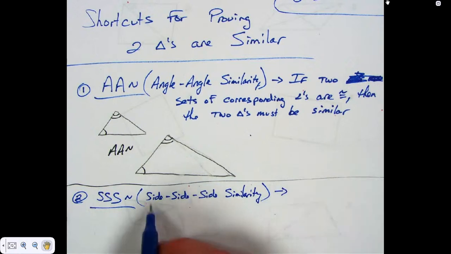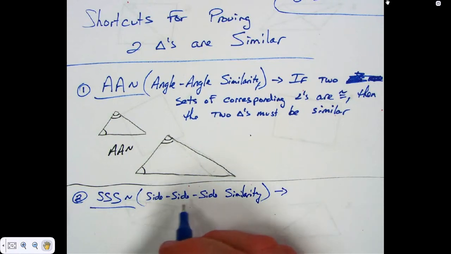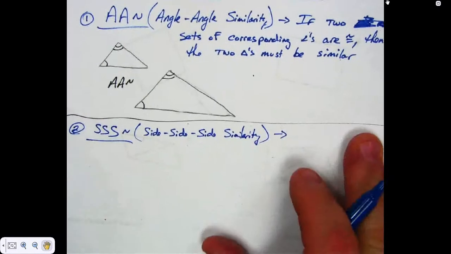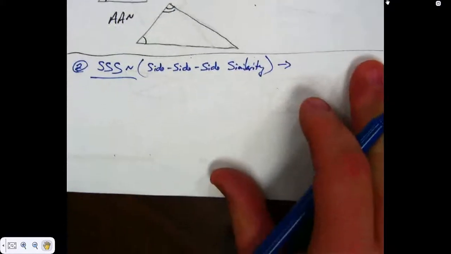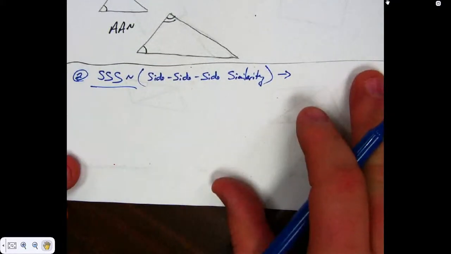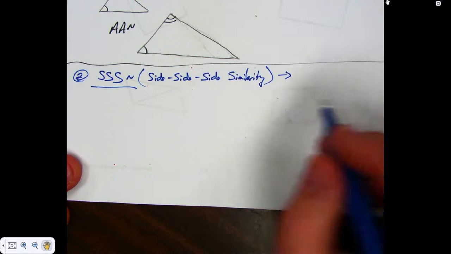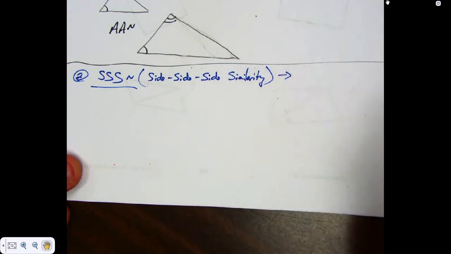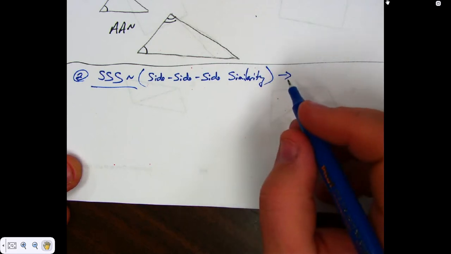Now, the thing about it is, remember side, side, side congruency meant that the sides were congruent. Well, if you'll remember, we've talked about this. In similar figures, the sides aren't congruent. They have the same ratio. What we do is we call that proportional.